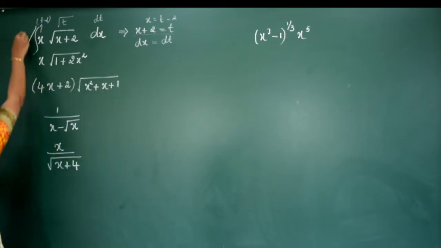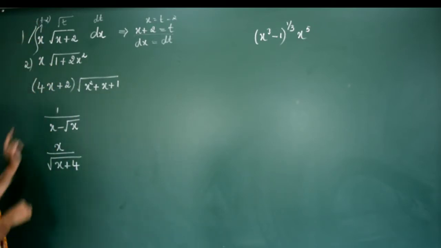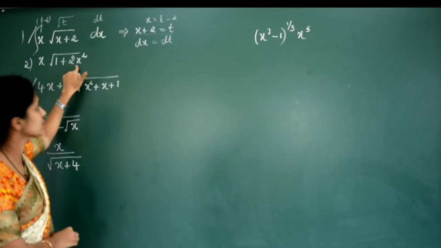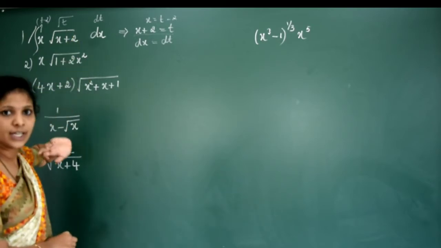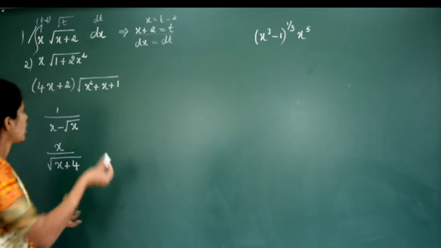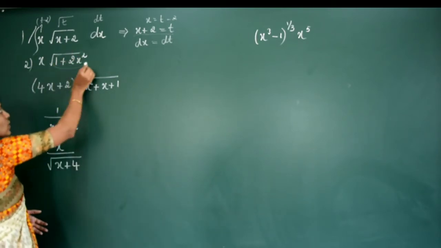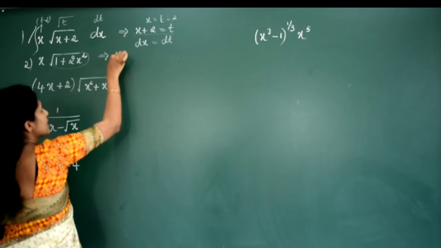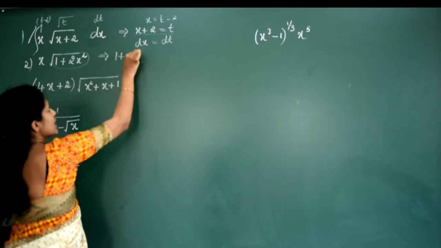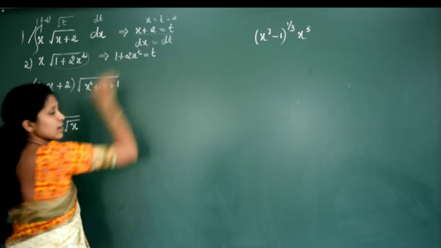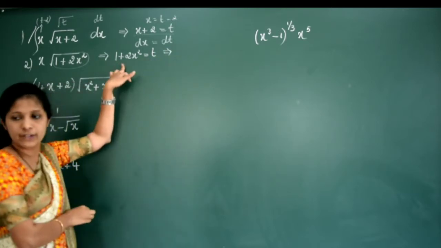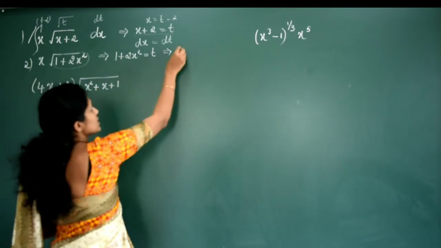Second one, x into root of 1 plus 2x square. This is also similar to this one, right? Here which substitution you have to give? Obviously 1 plus 2x square is equal to t. Then differentiate. The derivative of 1 will be 0. So this is 2.